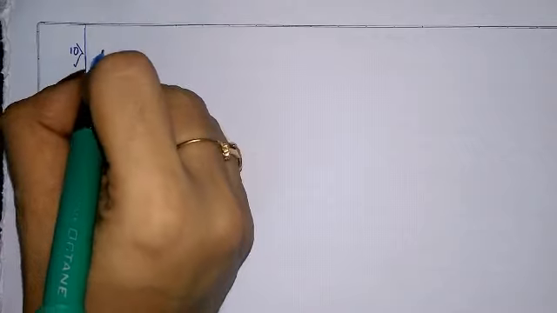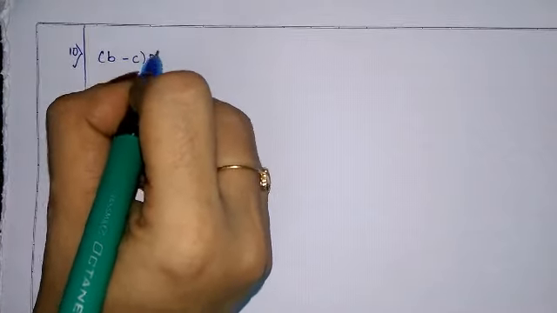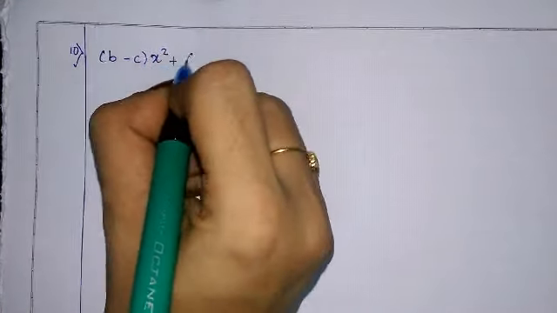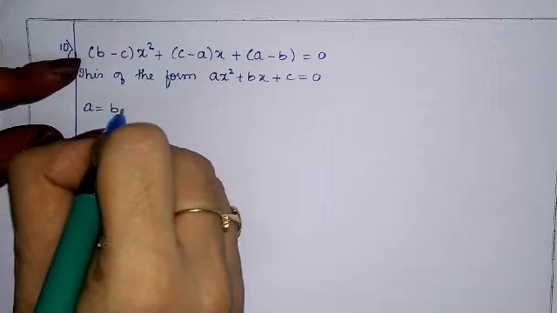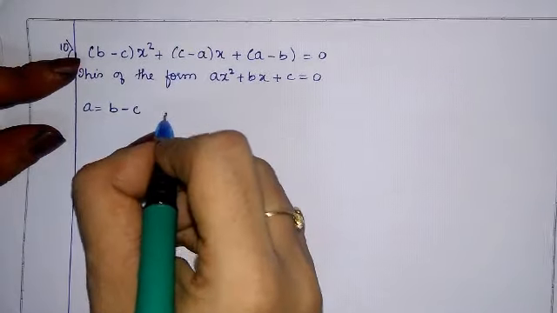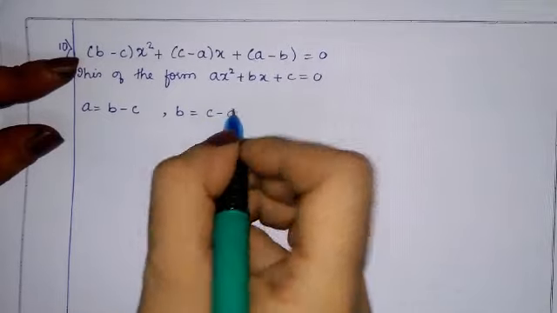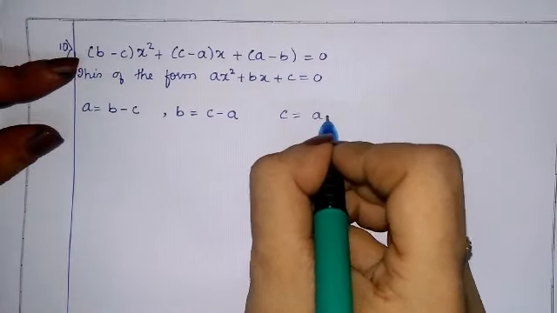Given quadratic equation is (b minus c)x square plus (c minus a)x plus (a minus b) equal to 0. This is of the form ax square plus bx plus c equal to 0. a value is b minus c, b value is c minus a, and c value is a minus b.